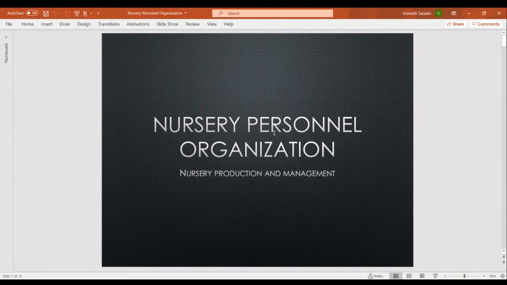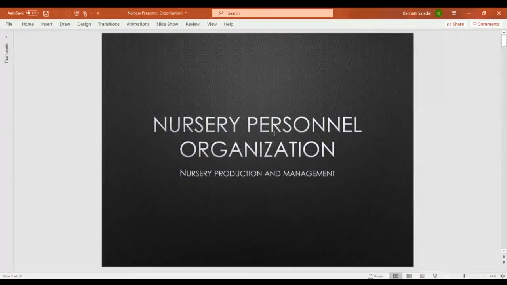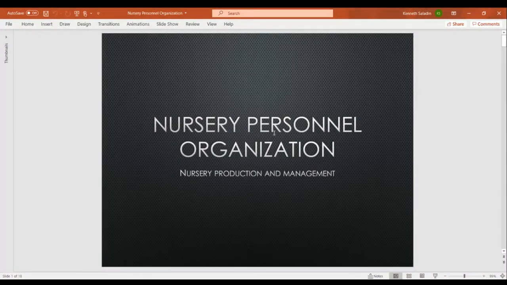So this will be about how nurseries are organized in terms of personnel. So personnel is just another way of referring to all the different employees that a nursery has.